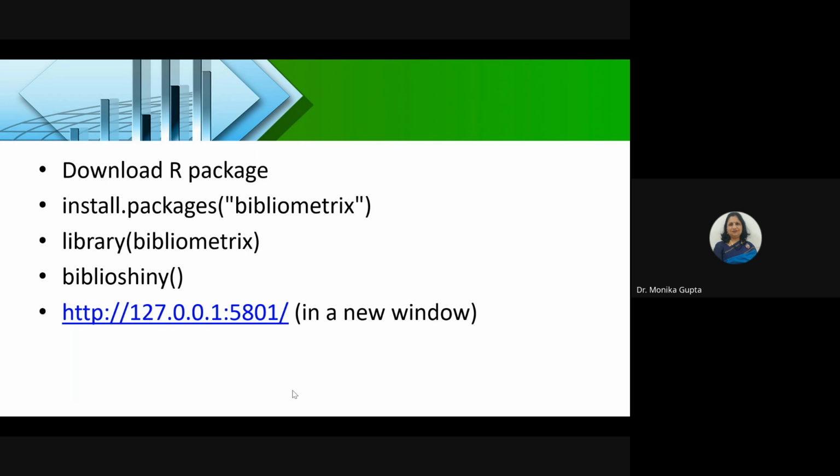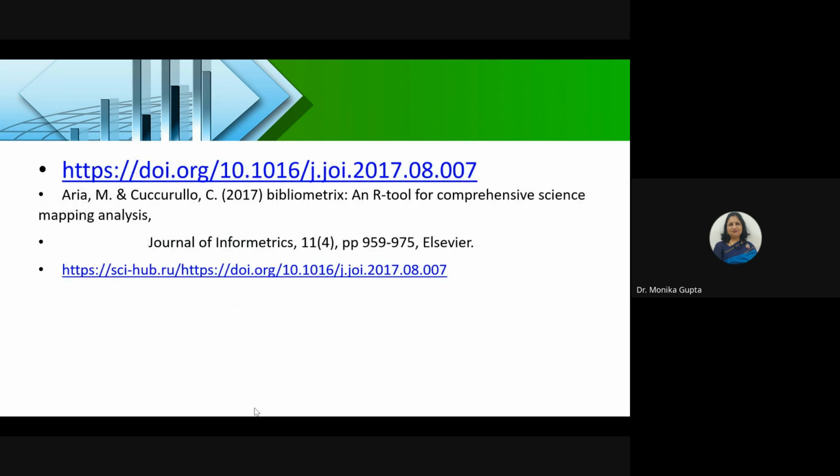The next command is library, then within brackets, bibliometrix. I'll show these commands also to you. Then Biblioshiny will open in a new window. When you open this, you will get a recommended paper by R itself. This is the link of the paper I have given.